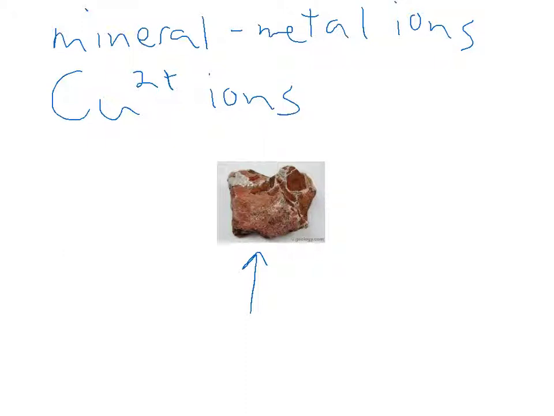Okay, that's good. We've got copper in this mineral, but it's Cu2+, and we are unable to use ions to build things like structures, to make things like jewelry, wiring, other electronic devices, even things like pots and pans. Ions simply don't stick together.